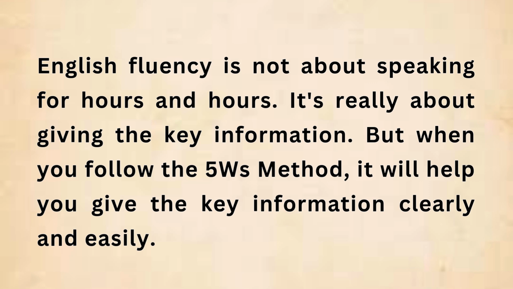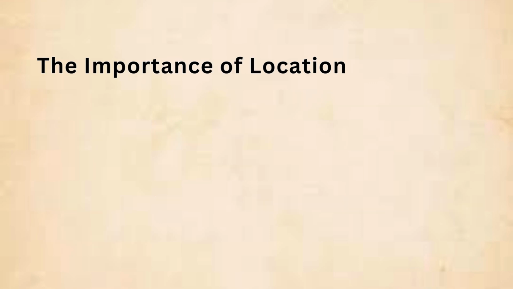English fluency is not about speaking for hours and hours. It's really about giving the key information. But when you follow the 5 W's method, it will help you give the key information clearly and easily. The importance of location.